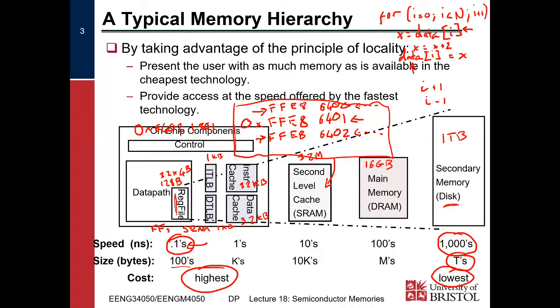Just looking at how programmers work with data, it's generally the case that if we're accessing one element of data, the next thing to be accessed will be an element next to it in memory, in the virtual address space. That's why we have the principle of locality. We want to keep similar data together and work on all the similar data at the same time, in sequence. And that's why these caches work well.